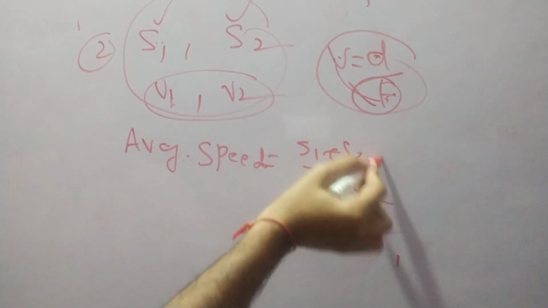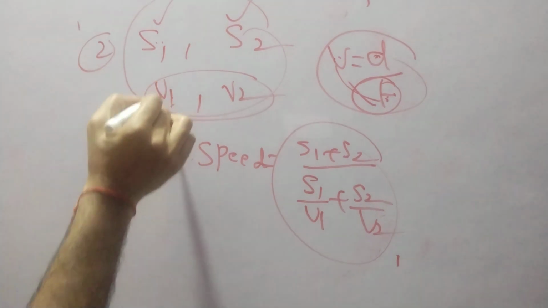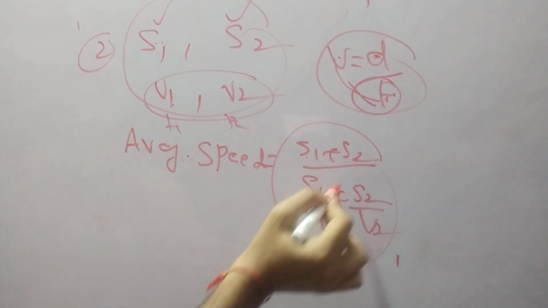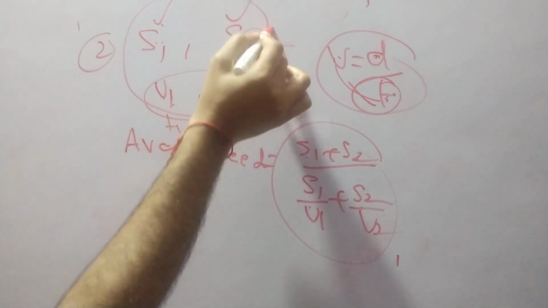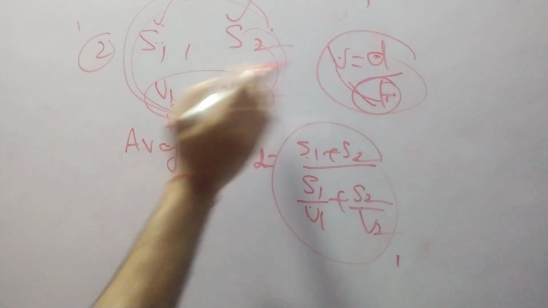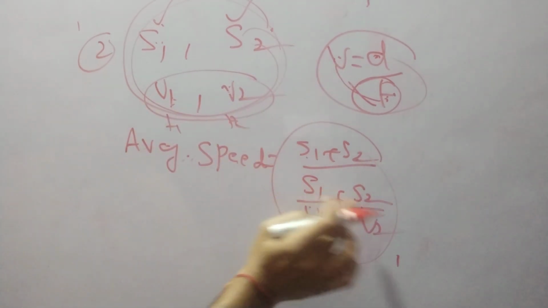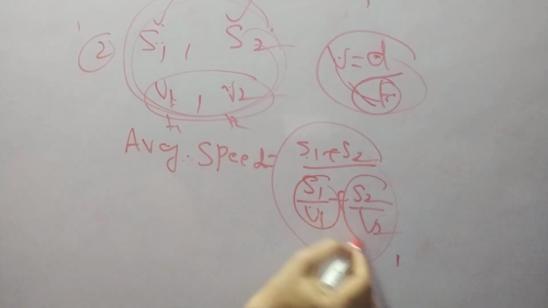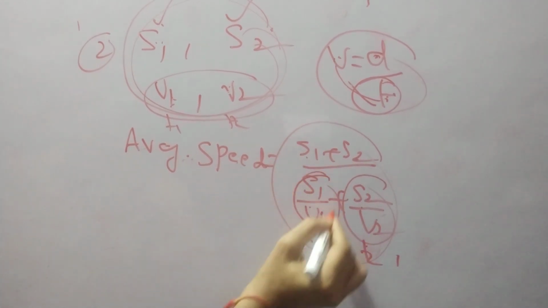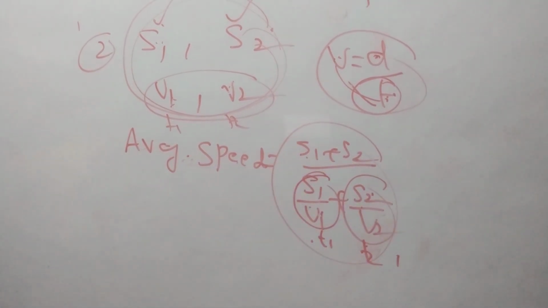Depending on the values you have to change the formula. Previously t1, t2 were there, so average speed is s1 plus s2 by t1 plus t2. Here s1, s2, v1, v2 are given, t1, t2 are not, so by the standard definition you get the time values: t1 is s1 by v1, t2 is s2 by v2. So this is the second form, right?